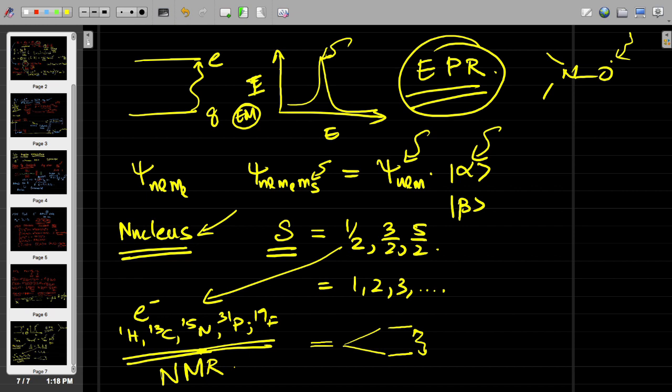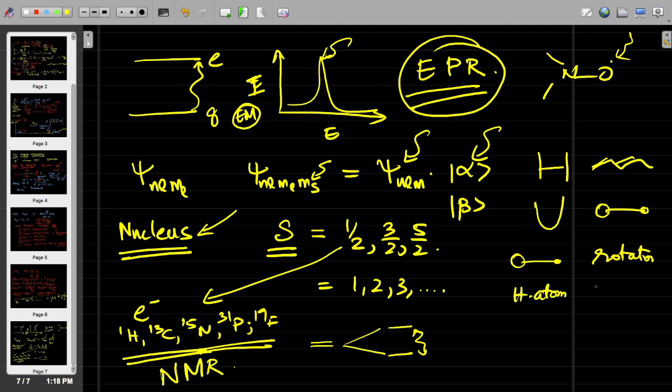So as much as we have seen, particle in a 1D box helped you understand conjugated systems, the harmonic oscillator helped you understand vibrational systems, and the rigid rotor helped you understand rotational systems. Now you are looking at an example where, of course, the hydrogen atom helped you understand the atomic spectrum, as you will learn in the molecular spectroscopy course. The spin will help you understand EPR and NMR.